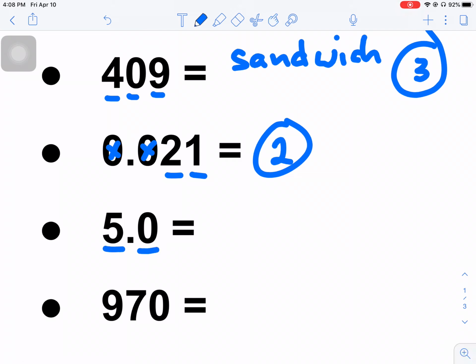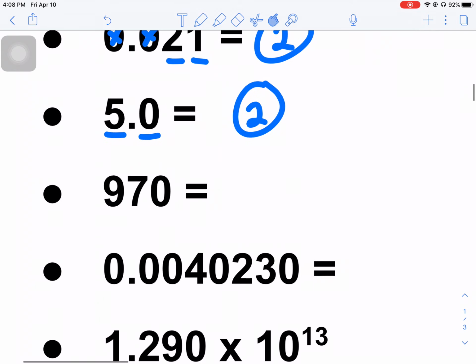Final zeros after the decimal are significant, so that 0 would be significant too. All right, 970. We've got a 9 and a 7, which are significant. Now, this kind of falls under the category of placeholder. It's left of a significant figure, it's to the right of a significant figure, but left of an understood decimal. So 970 would only have two sig figs.